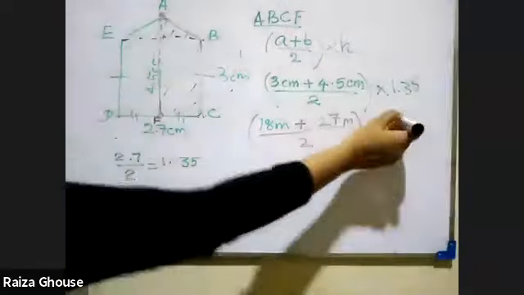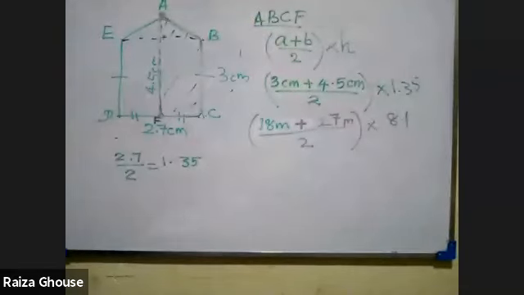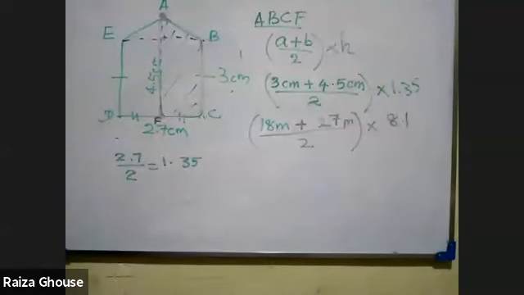Yes, you are getting 8.1 here. Now add them, divide by 2, multiply by 8.1. You will get your answer in square meters.